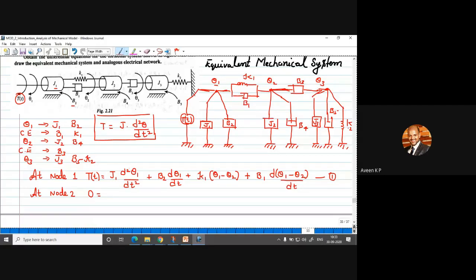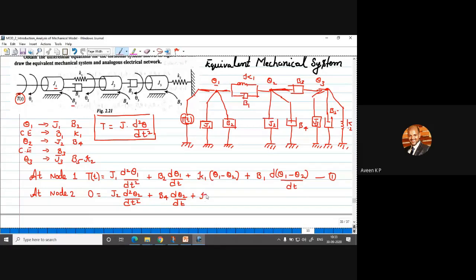Okay, so at node 2, let me represent the equation: J2 d square theta 2 by dt square, plus B4 times the differentiation of theta 2 with respect to t, and then the common elements.